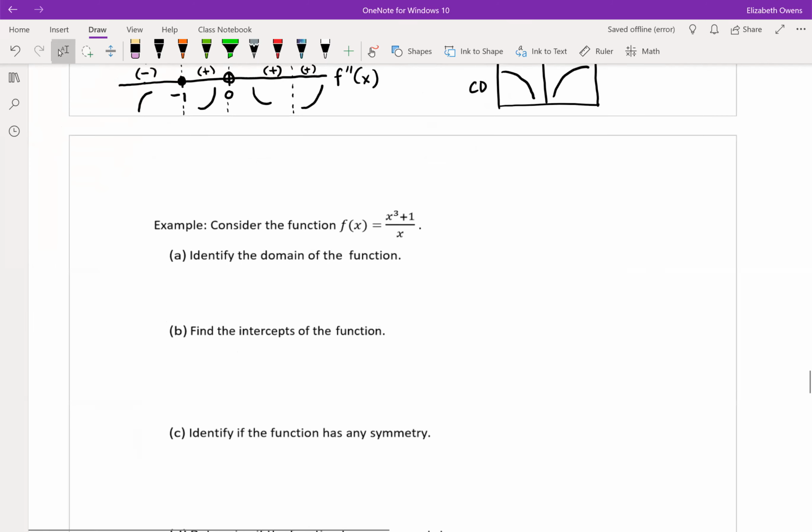So check those out. But first, try and do this problem to sketch that function. And really try all the steps first. Don't just plug this into the calculator and be like, oh yeah, that's what the graph looks like. Really try the steps. See if you can put everything together.